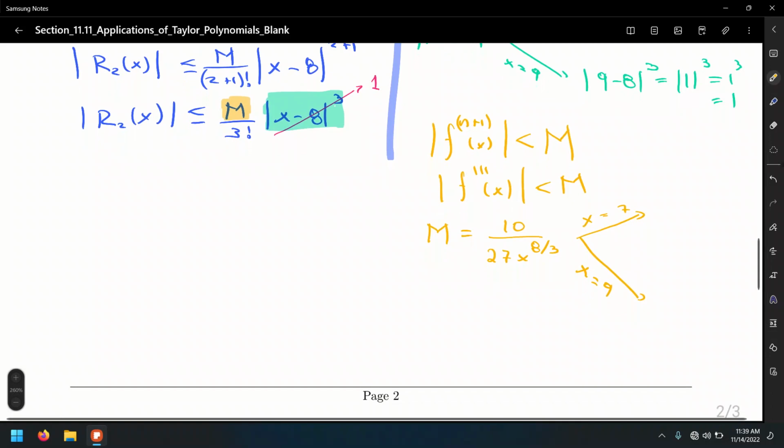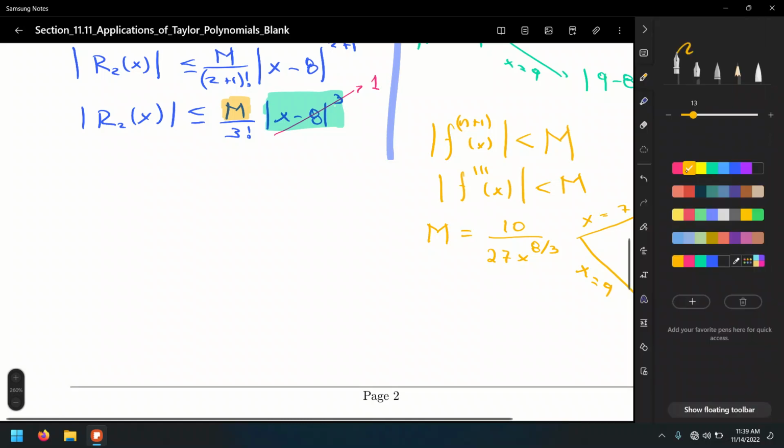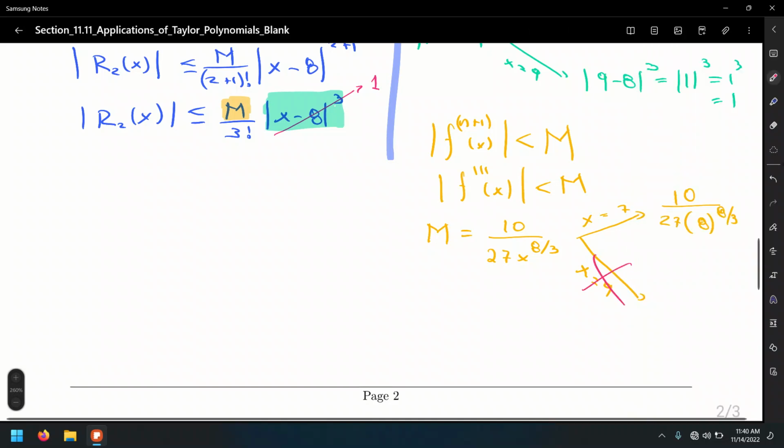So we need to compute then 10 over 27 times 7 to the 8 thirds. And this one at 9, just skip it, because it's not the largest. Okay?